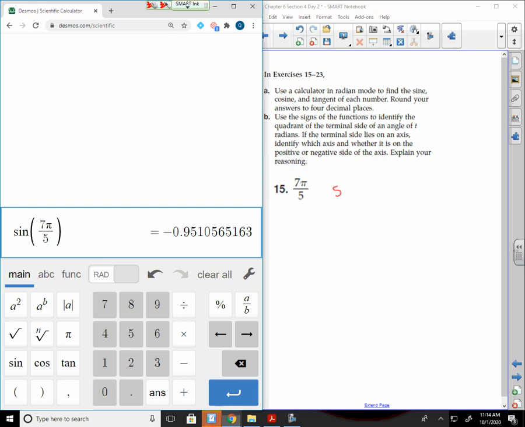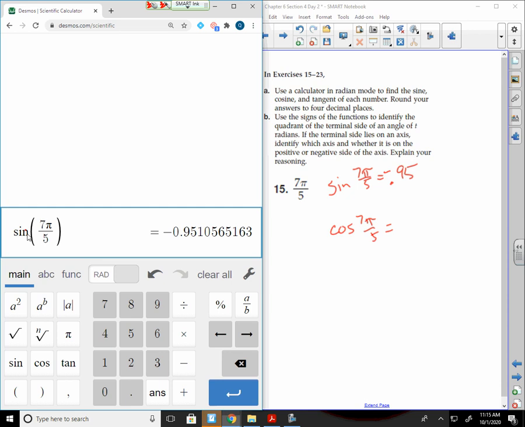So the sine of this one gave me negative 0.95. Cosine of 7 pi over 5.